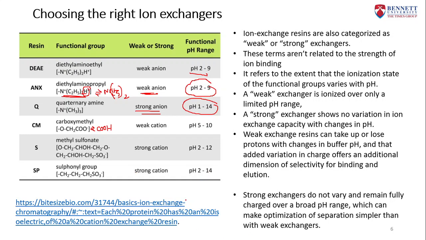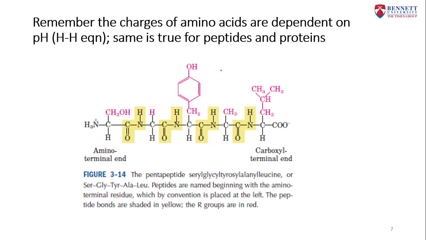So this lets you control the flow in a more delicate way with the weak exchangers. The strong ones are a more straightforward application, very easy to handle, and optimization is much simpler. In these other cases you have to play around with the pH a lot, so this takes a little more delicate balance.